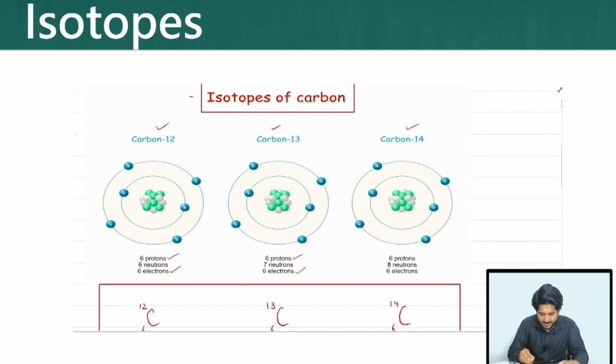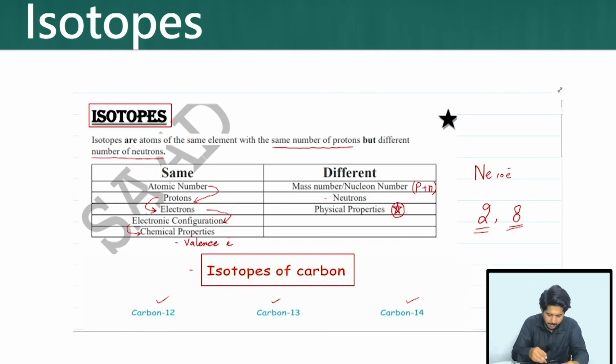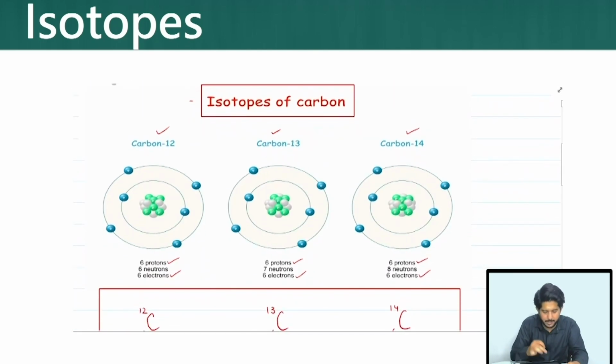It means, as we just discussed, all the atoms of the same element have same number of protons and electrons. This is the same thing which we are observing here. In all three atoms of carbon there are 6 protons and 6 electrons.